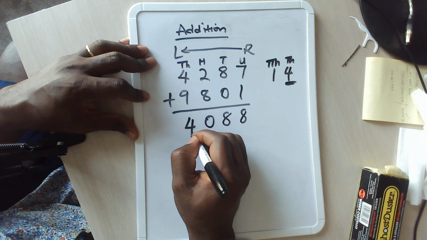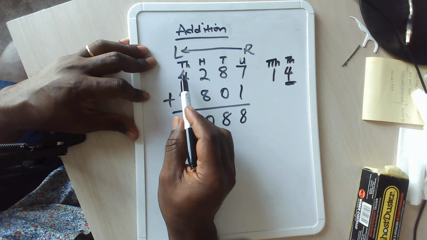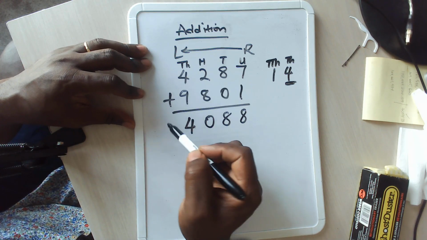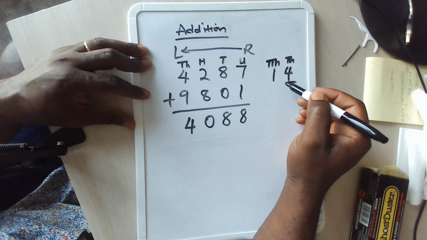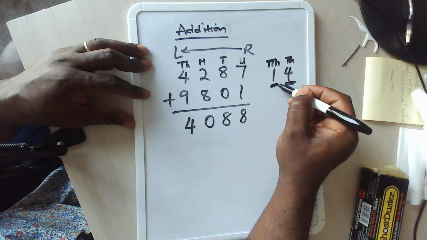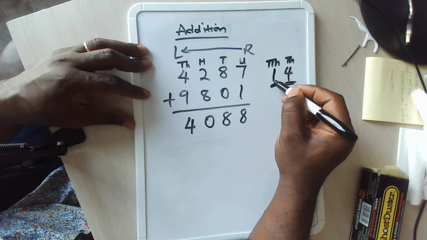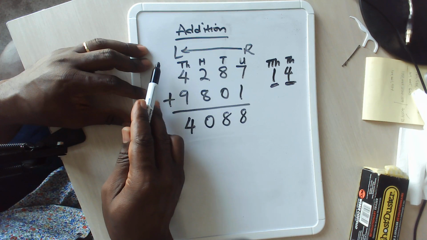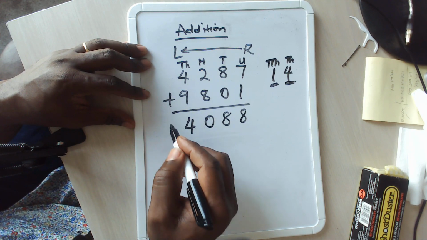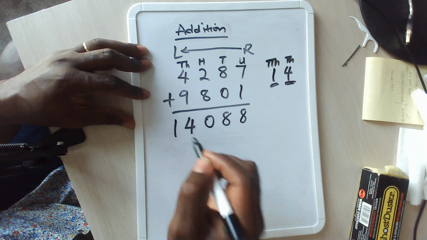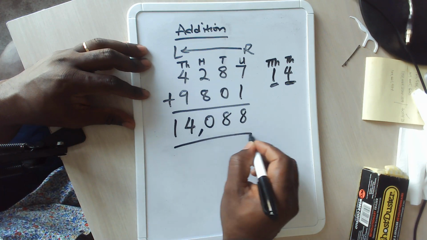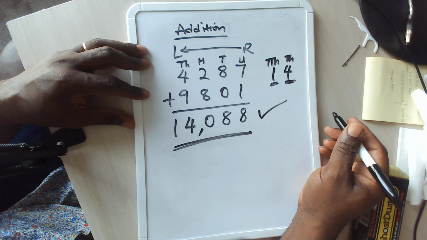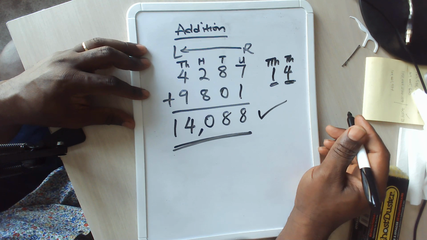But the numbers we are adding got finished, so nothing to add again. So what we do is write this 1 in the next column to the left, which will be the column of unit of 10,000s, and that will be 1. So the final answer here will be 14,088.